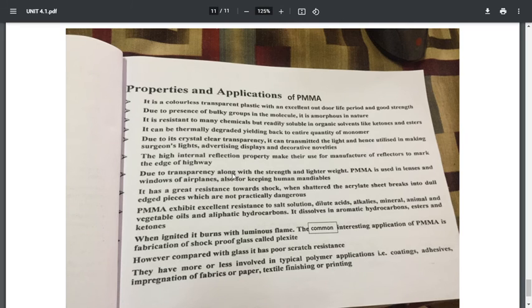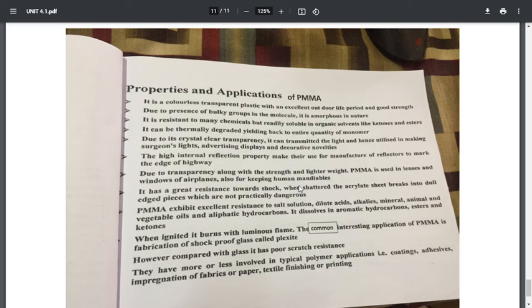Due to transparency along with strength and lighter weight, PMMA is used in lenses and windows of airplanes and also for keeping human mandibles. Human mandibles are like the bone, the skull, the jaw of humans, right? So to keep them, we can use PMMA.